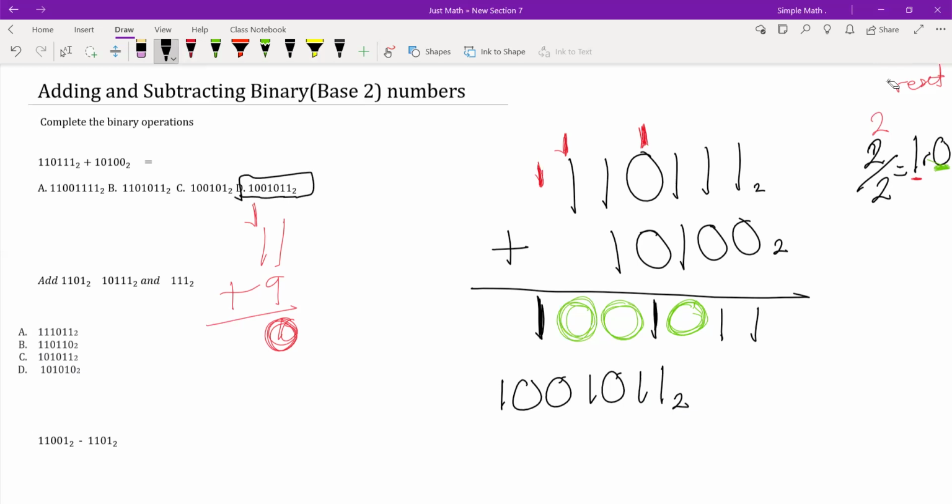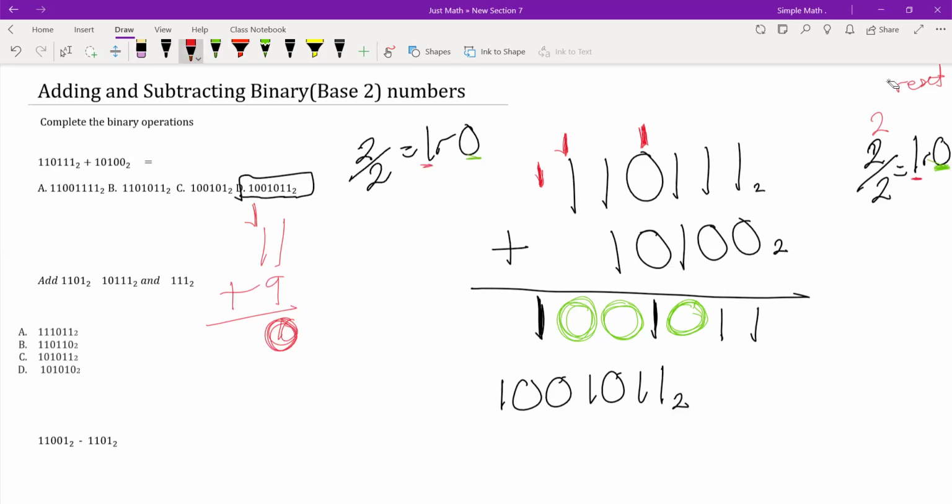So whenever you get a 2 and above, for example, you get a 2, simply divide by the base, which is 2, and it gives you 1 remainder 0. You keep the 0, and then you take the 1 to the next number.